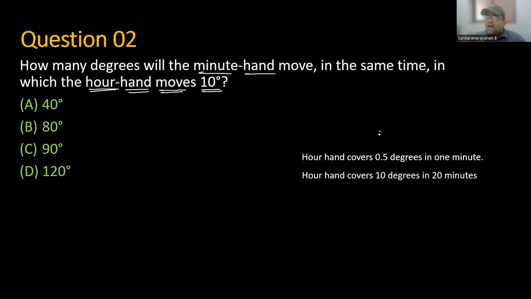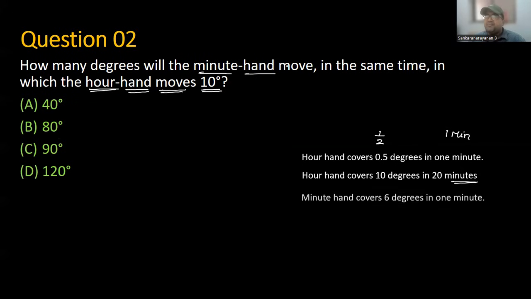Half a degree corresponds to 1 minute, so for covering 1 degree, the hour hand will take 2 minutes. For covering 10 degrees, proportionately, the hour hand will take 20 minutes. Now, in this 20 minute span, the question is how many degrees will the minute hand move?